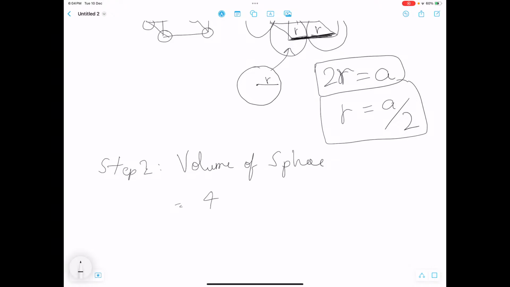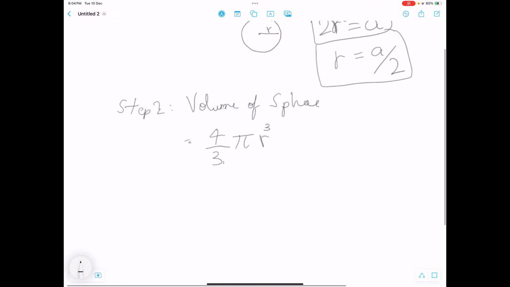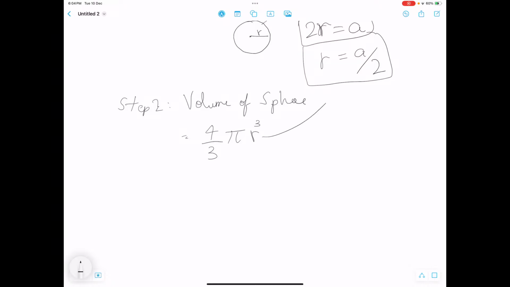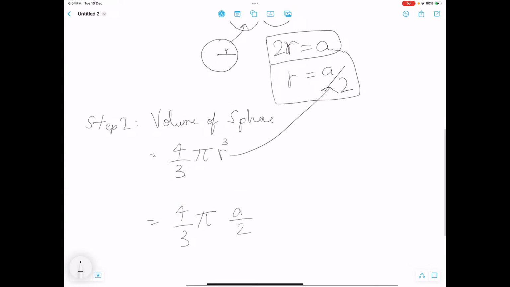It is 4 by 3 pi r cube. We didn't know this r, so to know it we needed to calculate it first. As we know the value of r, we replace r by a by 2 the whole cube.